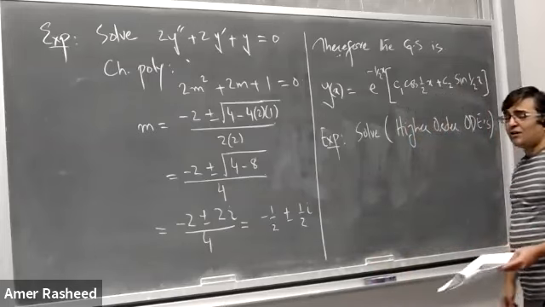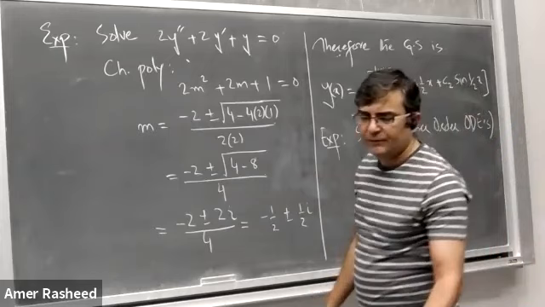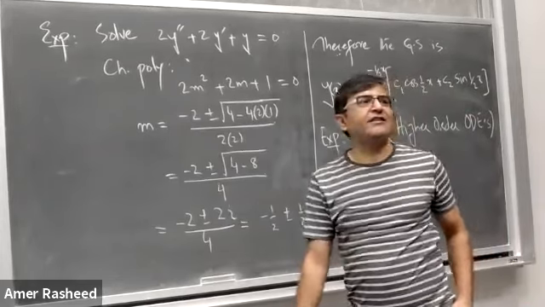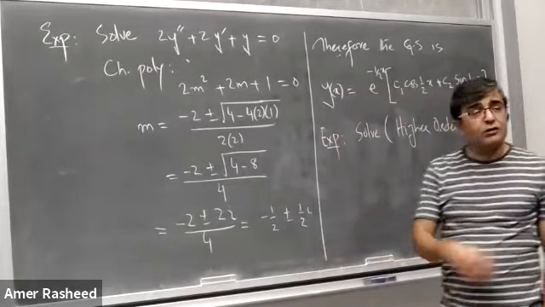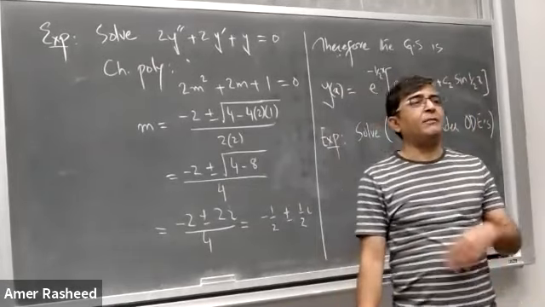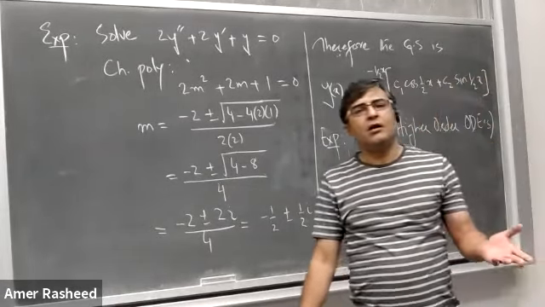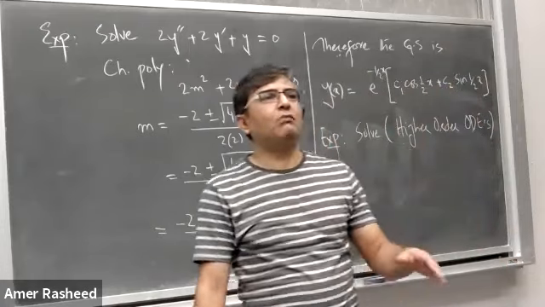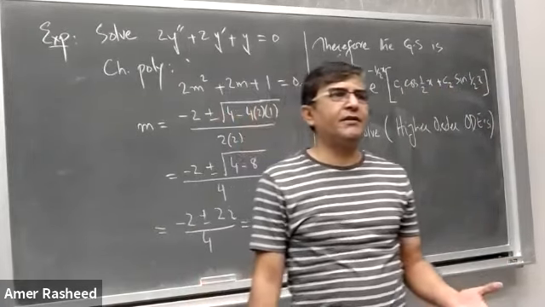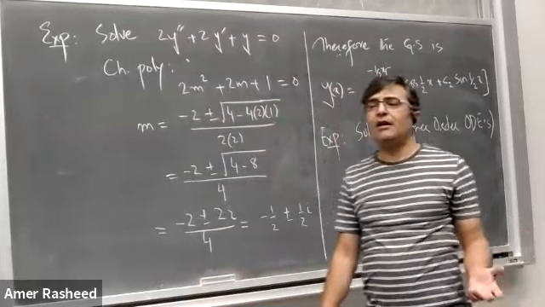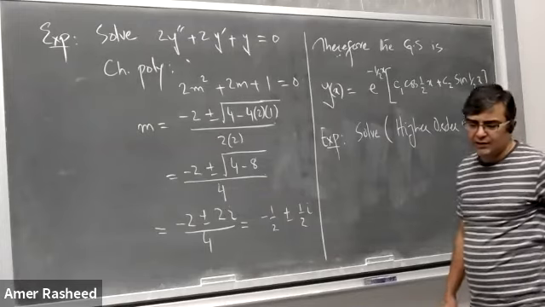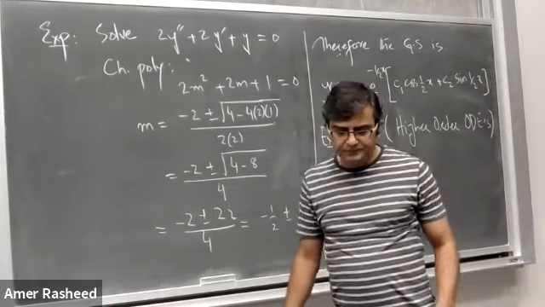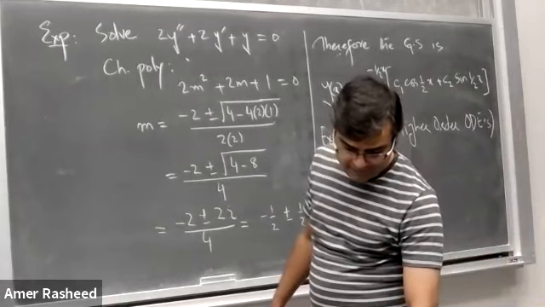In case of higher order ODEs, meaning when the order of a differential equation is greater than 2, there could be different cases. There might be real roots as well as complex roots. Complex roots may be repeated, real roots may be repeated. In that case, how can we write the general solution of the equation? It depends.